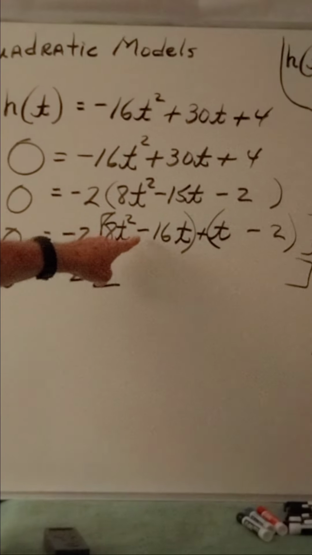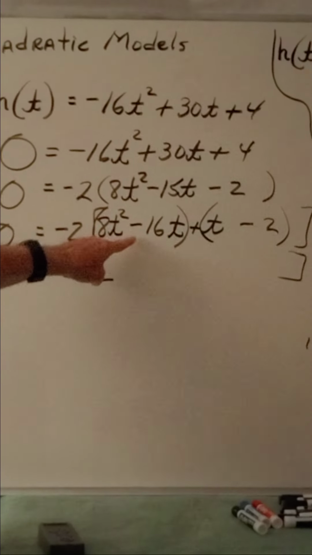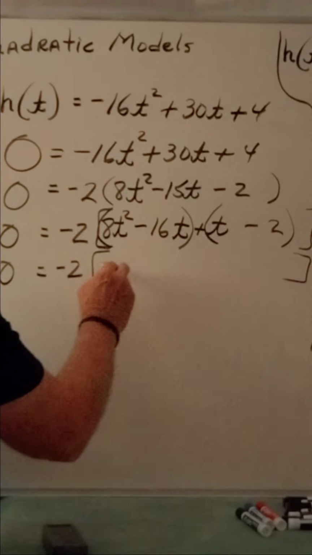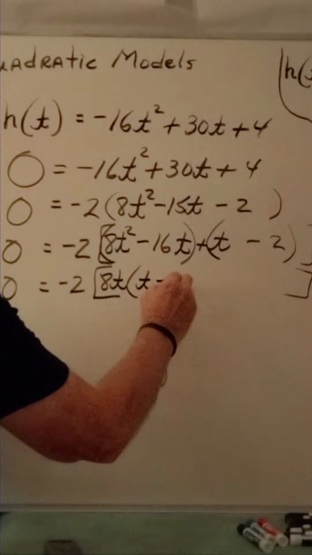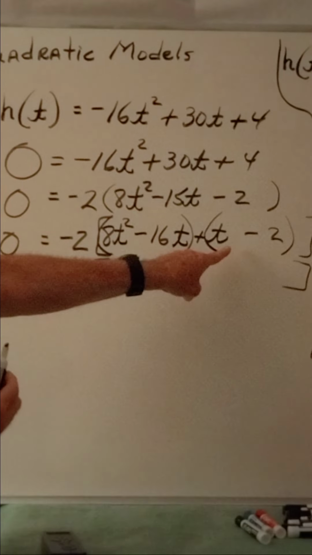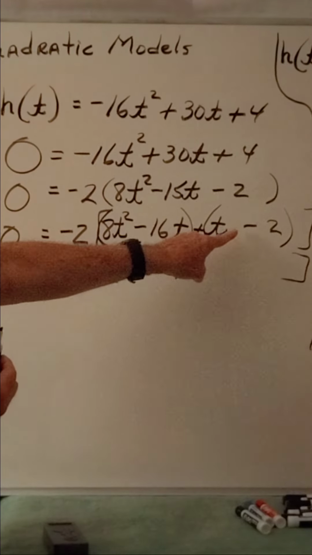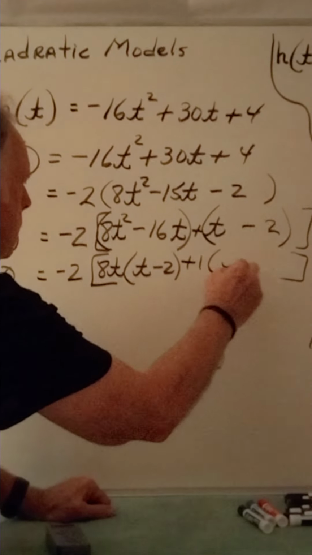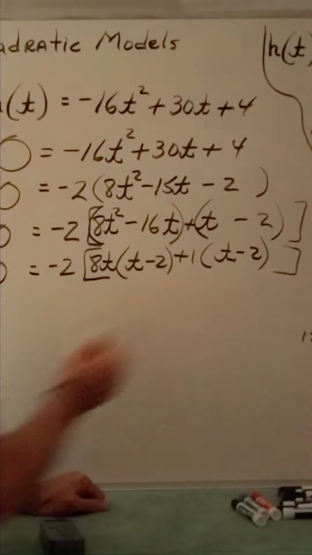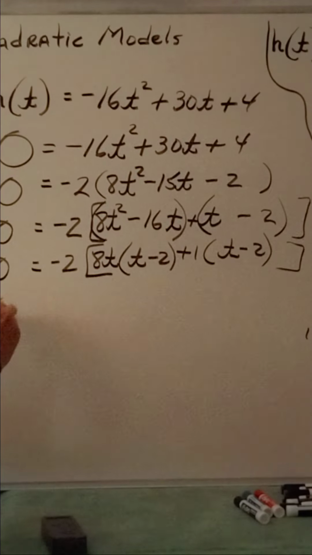Let's pull out the GCF out of the front. We can pull out an 8 and a t. That is going to leave us with a t minus 2. This one only has a 1, and it's got to be a positive one that you pull out, and that's going to leave a t minus 2.